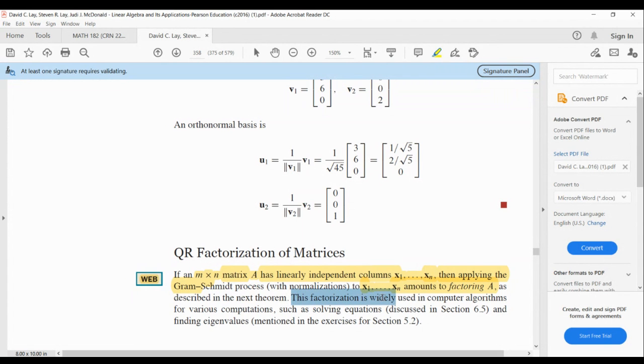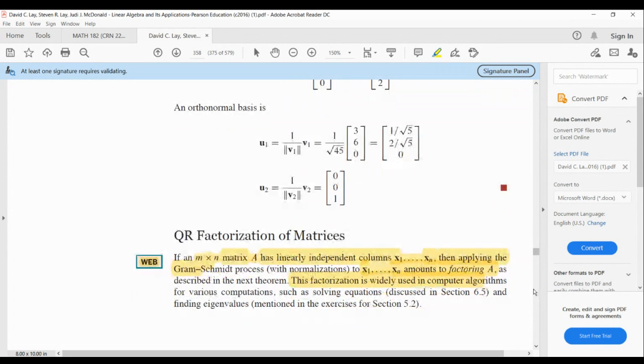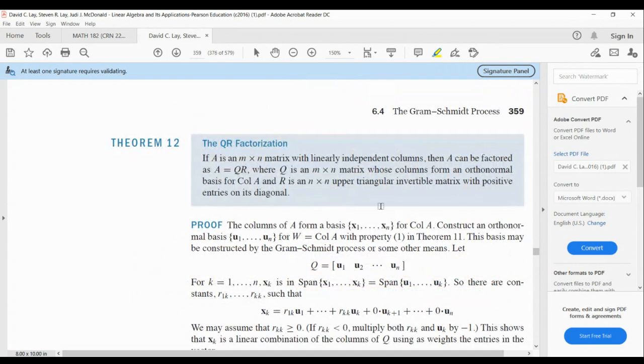This factorization is widely used in computer algorithms for various computations, such as solving equations, and that'll be talked about on this coming Tuesday's class, section 6.5. So what is this QR factorization? Well, it's theorem 12.